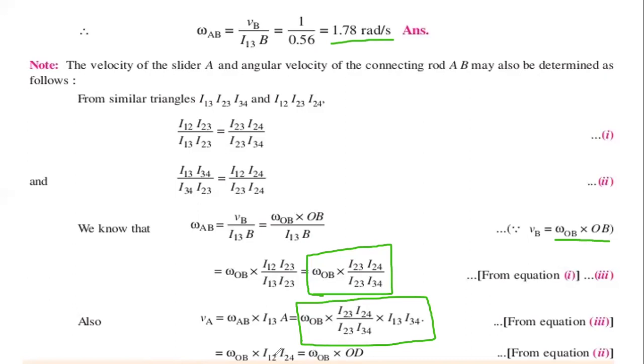From equation 2, this is the angular velocity for the connecting rod, that is angular velocity of OB into OD.